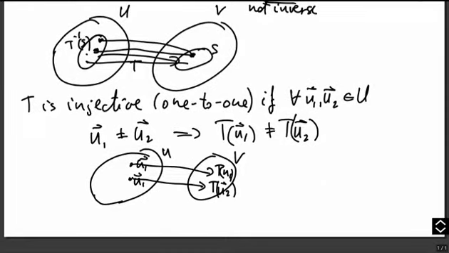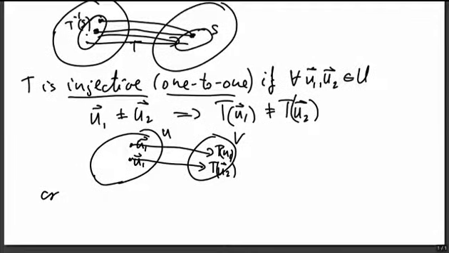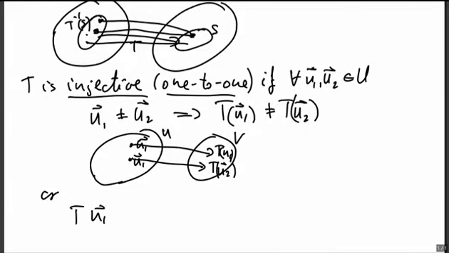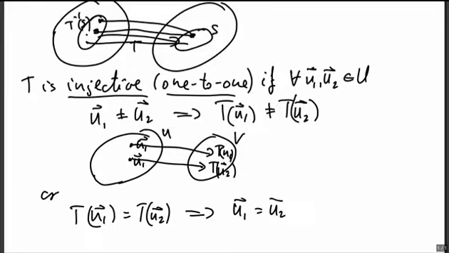And this can be stated in a different way. This is called contrapositive. It's not the negation of the statement because it means the same thing, that injective or one-to-one. It says that if T u1 equals T u2, the only way for this to be possible is if u1 equals u2. So this is the contrapositive statement.